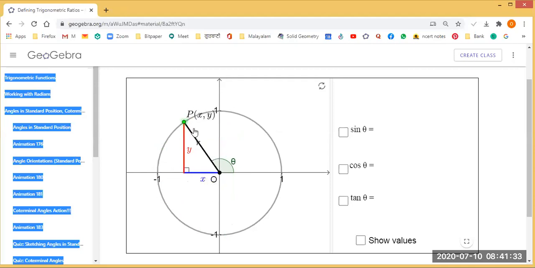So the value of sine theta is only dependent on the perpendicular. So guys, interesting thing here, when theta is 90 degree, this perpendicular is maximum, sine 90 is 1, and as I'm increasing theta from 90 to 180, the perpendicular is decreasing.